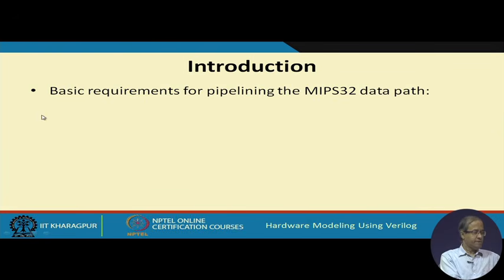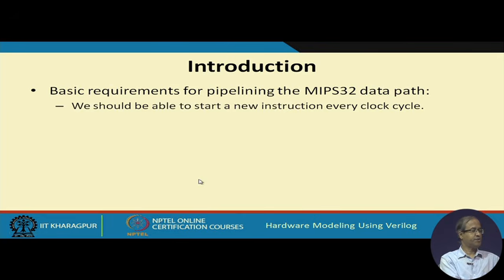So, first we look at what are the basic requirements for pipelining the data path that we have seen in the last lecture. So, what are the things to be done? Well, in a pipeline, what we have seen earlier through some examples, the main motivation for having a pipeline is that our input data is arriving continuously once every cycle.